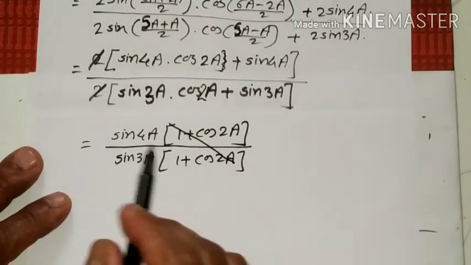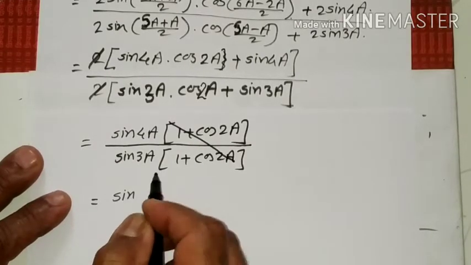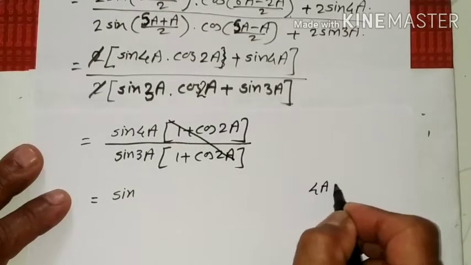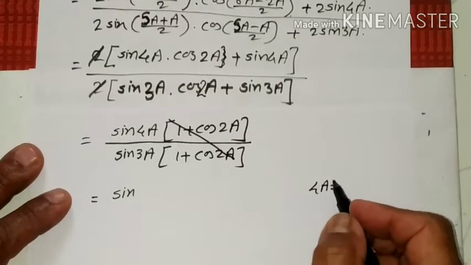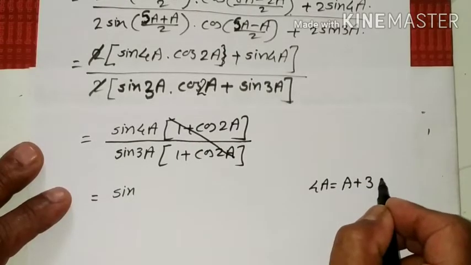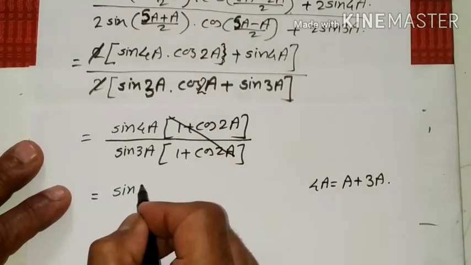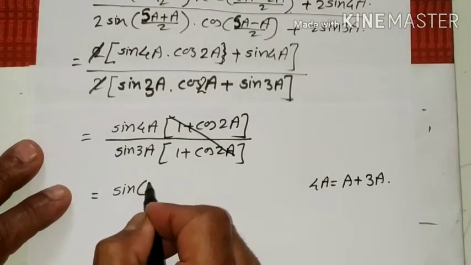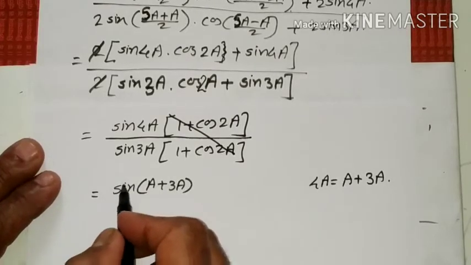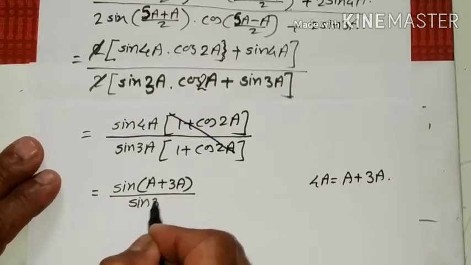Then it is equal to sin 4a, which we split into two parts, a plus 3a: sin(a plus 3a) whole divided by sin 3a.